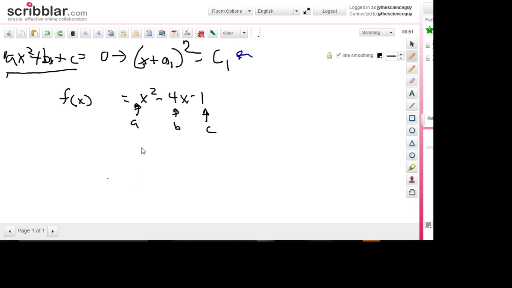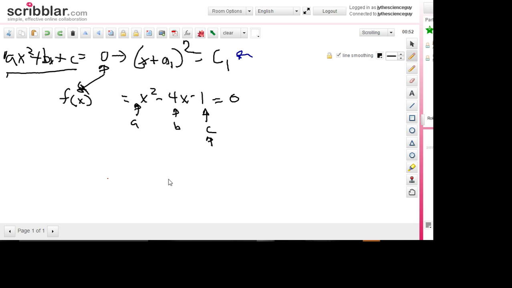Okay. So this 0 here is telling me to make this thing 0. So that's what I'm going to do. I'm going to set this whole thing equal to 0 because that's my first step. And now, you see how I have this c term here?